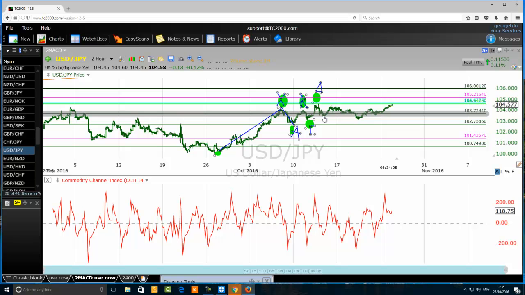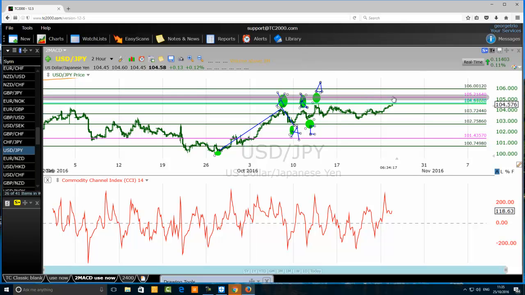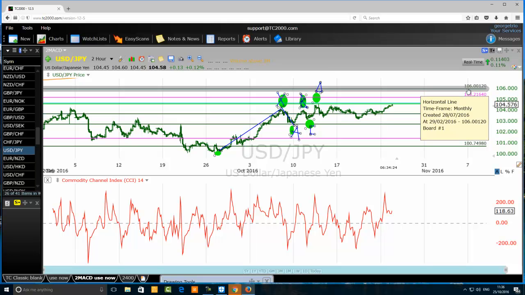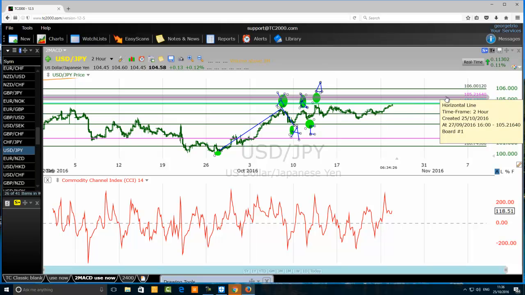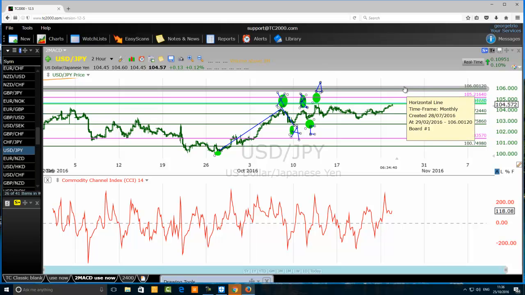Without too much blah blah blah from my side, that better resistance for this dollar yen is at 106.00. That's the line here. That's where the price is trying to head to. Apart from that better resistance level, we also have 105.21, which is the 161.8% Fibonacci extension level of that XA. So there is resistance ahead, and the market is pushing towards that resistance level.